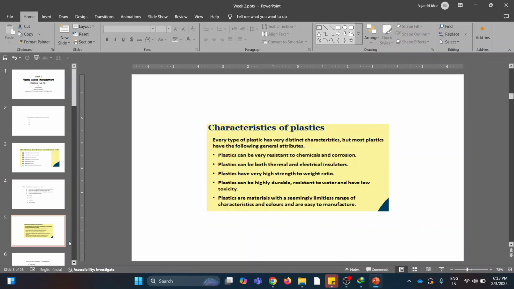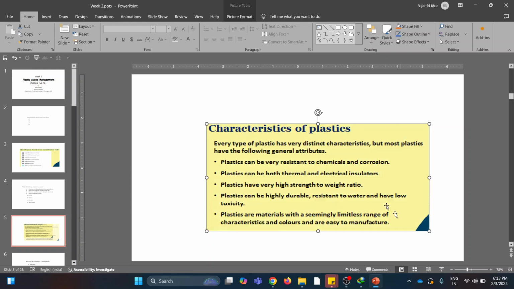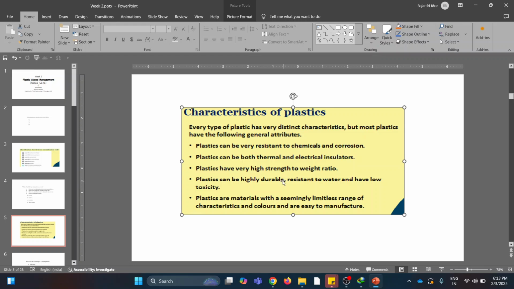So these were the same properties that we covered just now, but still going through some of the other ones. Like they have a high strength to weight ratio, because a little weight of plastic can provide a lot of strength. After that, plastics are materials with a limitless range of characteristics and colors that we all know.